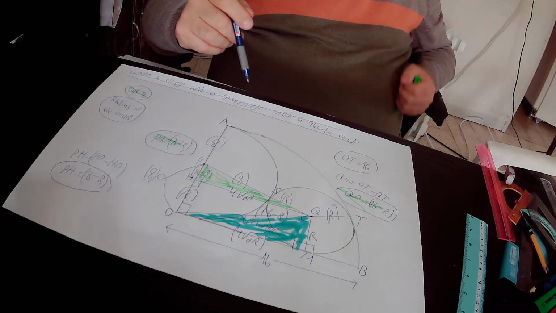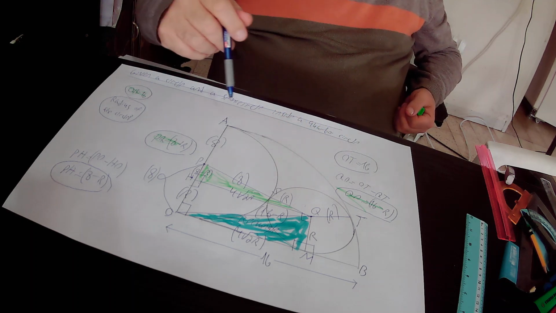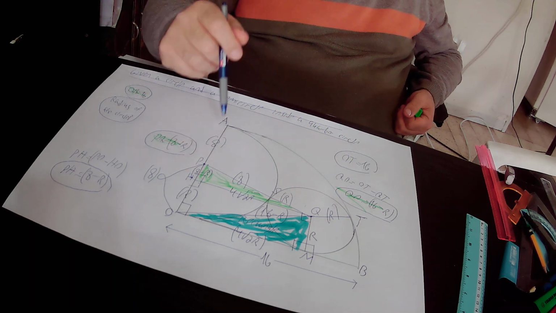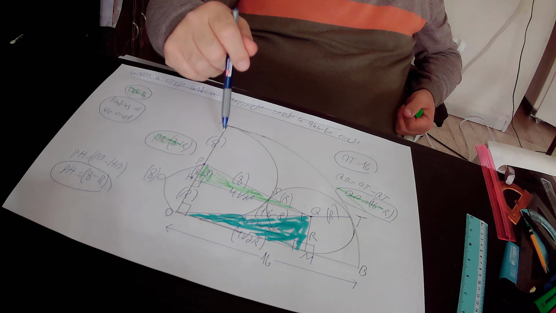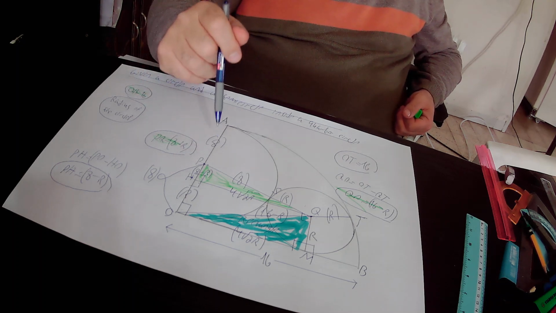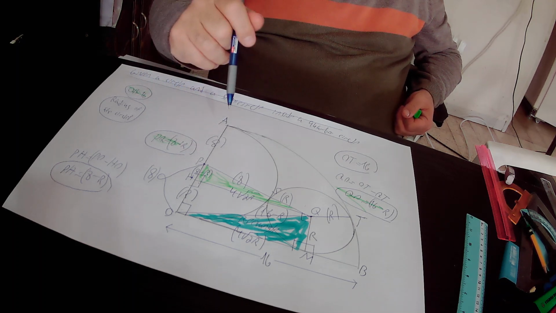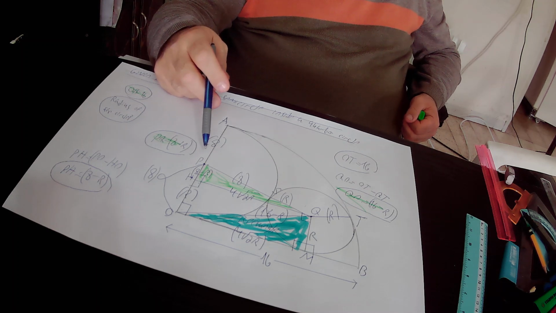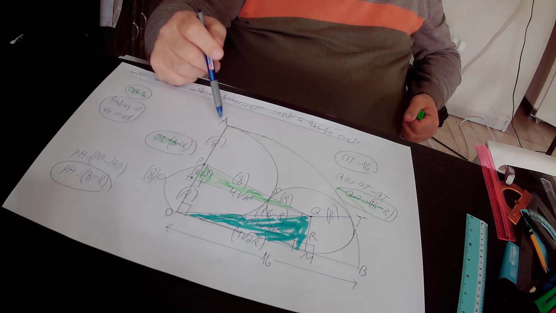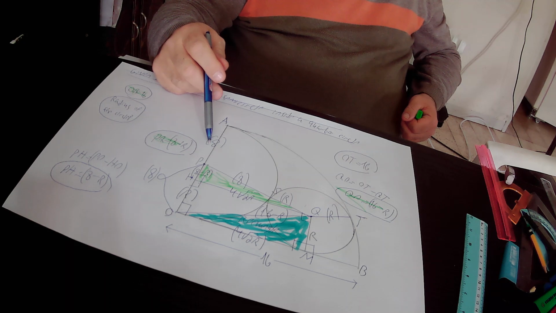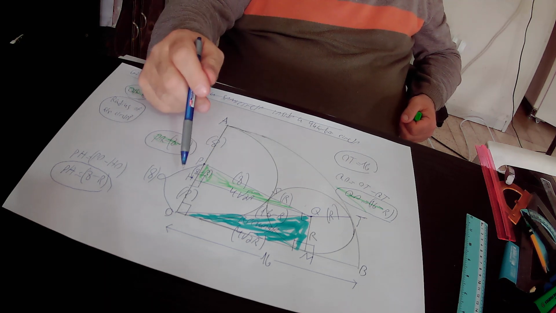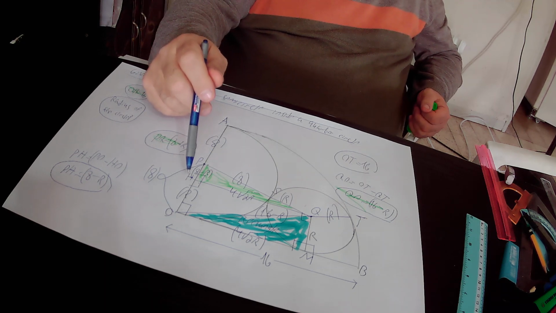But the radius of the quarter circle is also the diameter of this semicircle. So if the diameter of this semicircle equals 16, the radius is 16 over 2, that is 8. So P is the center of the semicircle, therefore AP equals 8. This is the radius of the semicircle, and PO is also a radius of the semicircle, equal to 8.